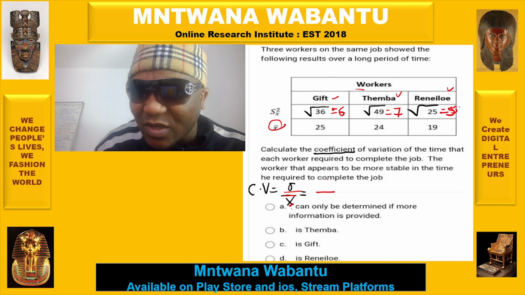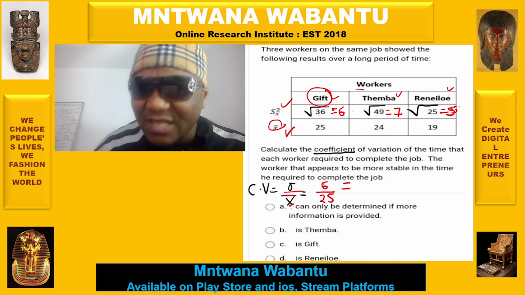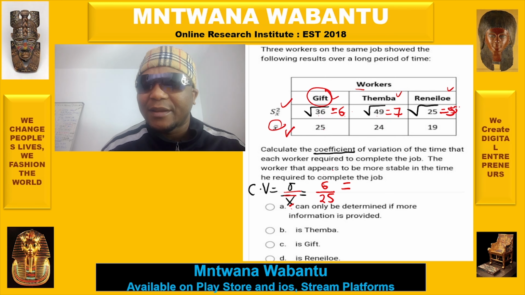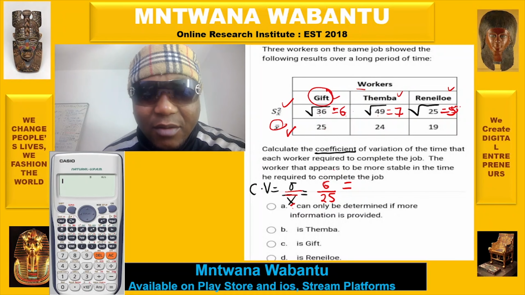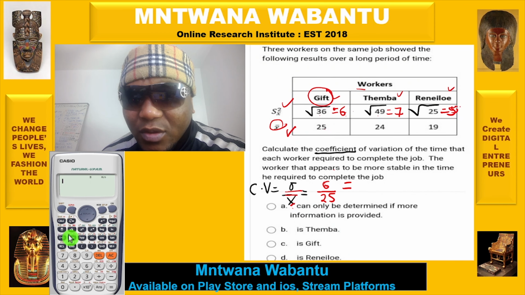So now these are means, so we have the means already at the bottom. So we're going to say our standard deviation. What is the standard deviation for the first one? It is 6, because we had to change it from the variance to standard deviation, over 25. So standard deviation over mean for Jeff. This is going to give us a certain number. We're going to plug it in the calculator. So we go to the fraction.